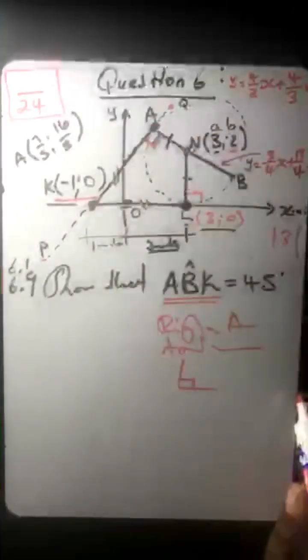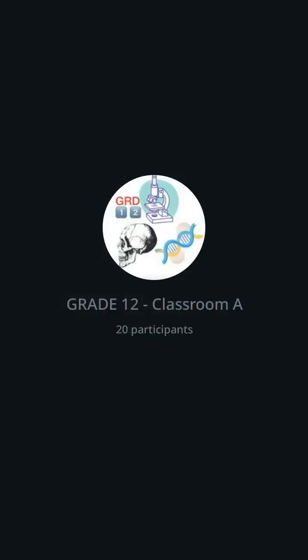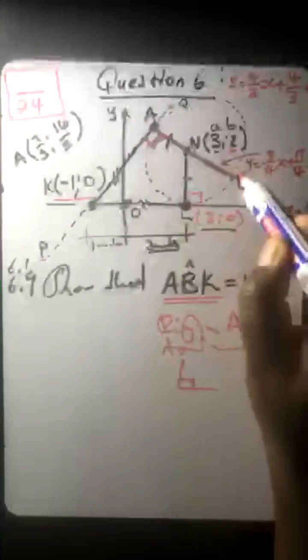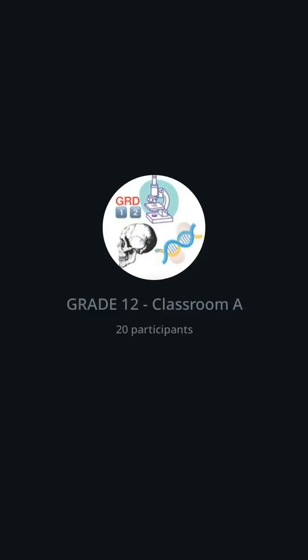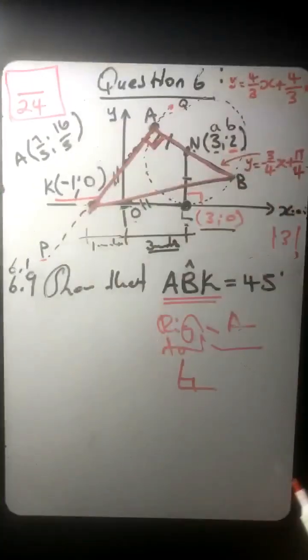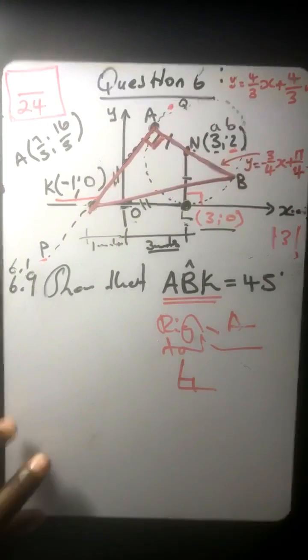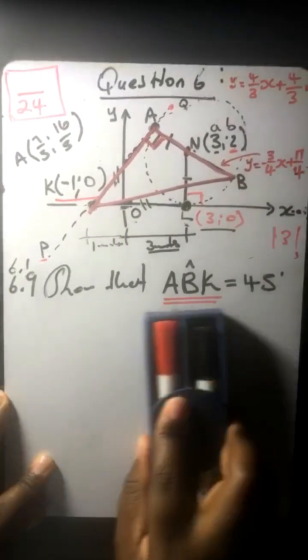So the triangle AKB or ABK, it's that one from A to B to K. Can you see? You have that. So that means we are actually dealing with a right-angled triangle.